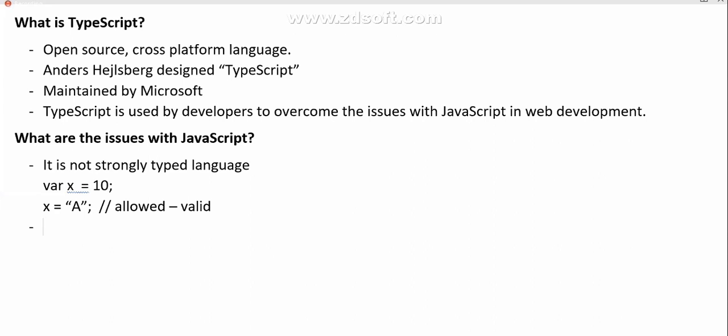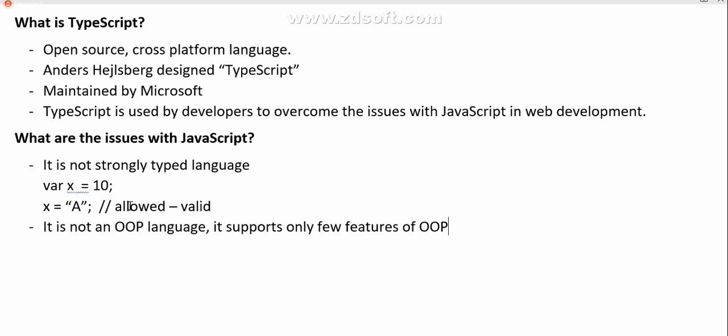Another problem is that JavaScript is not an OOP language. It supports only a few features of OOP, but it is not a complete OOP language.